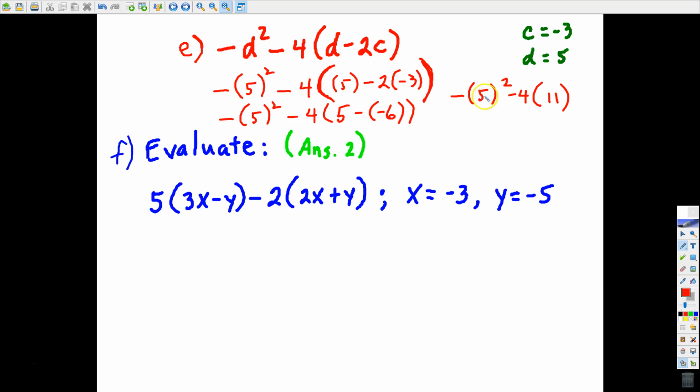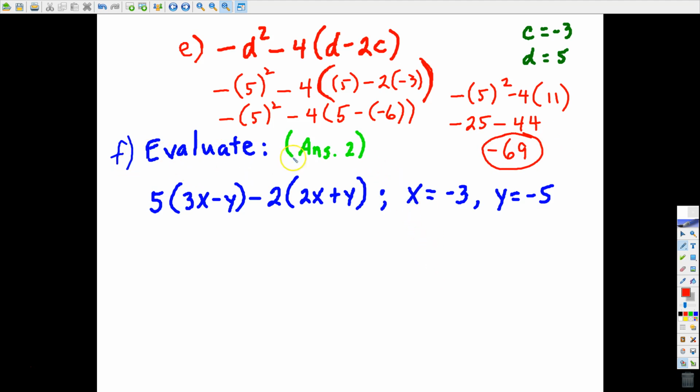Well, D squared will be 25. Well, the opposite of D squared is negative 25. And then 4 times 11 is 44. Now we're ready to combine these together. Negative 25 minus 44 is negative 69. That's my answer for Roman numeral 1E.